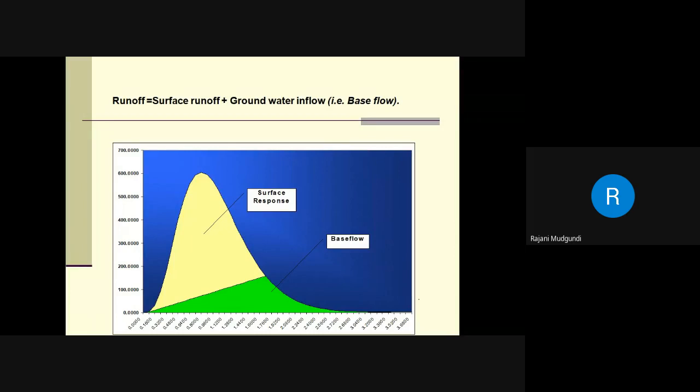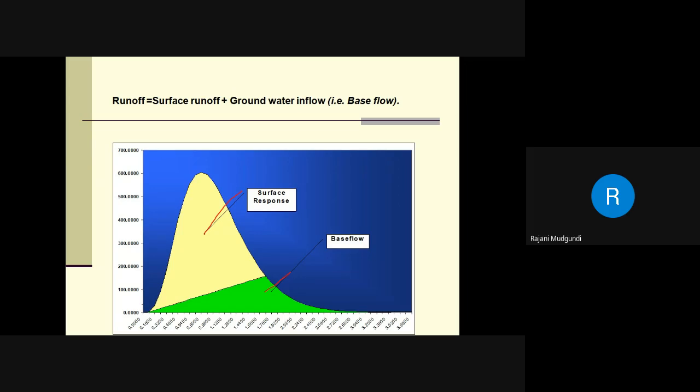So here the hydrograph has been shown in this. The distinction you can see over here. This upper portion is showing surface response and the green one is showing the base flow or groundwater inflow.